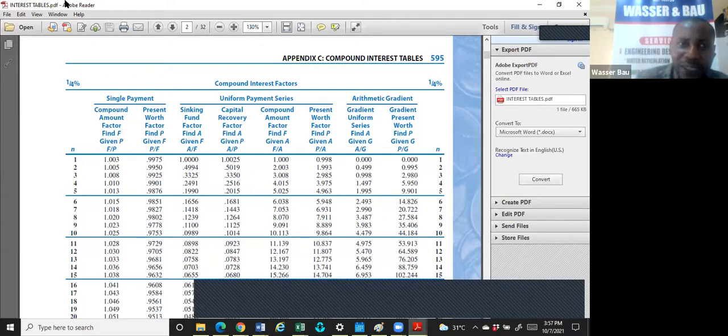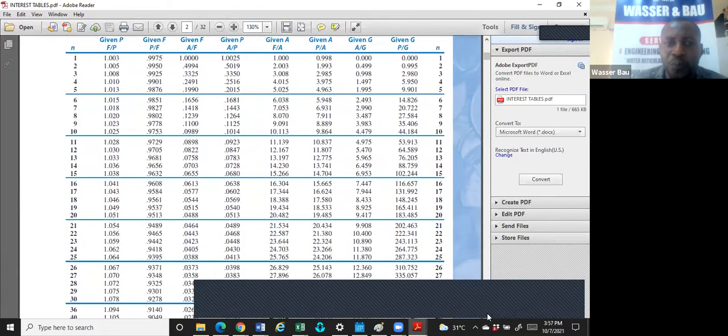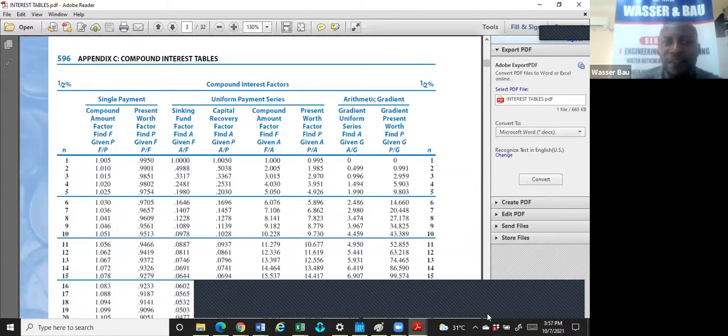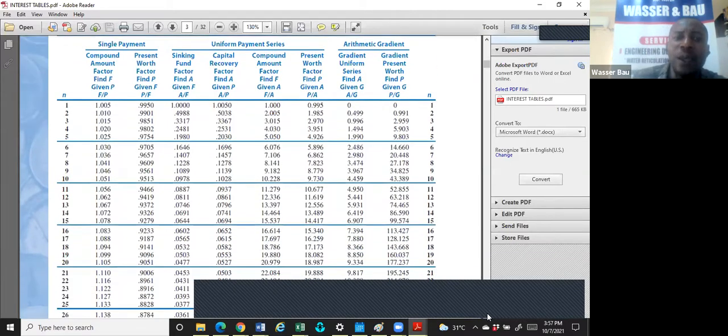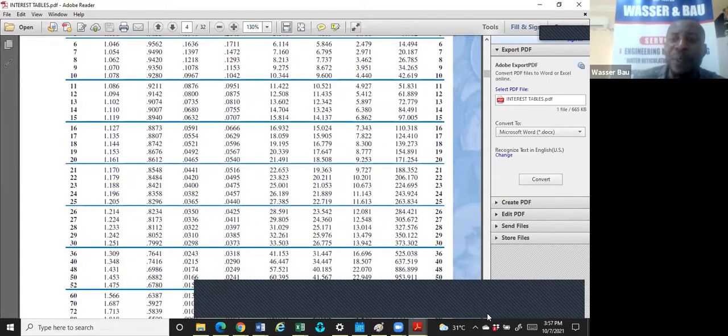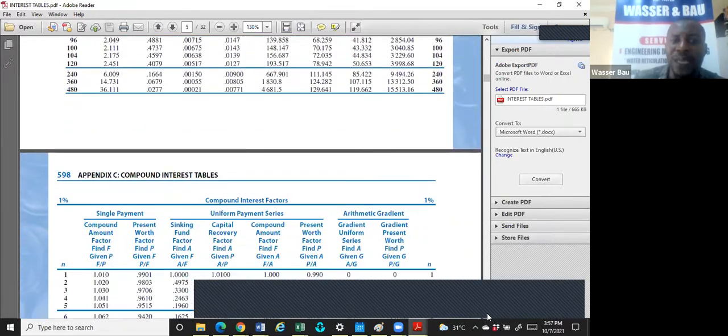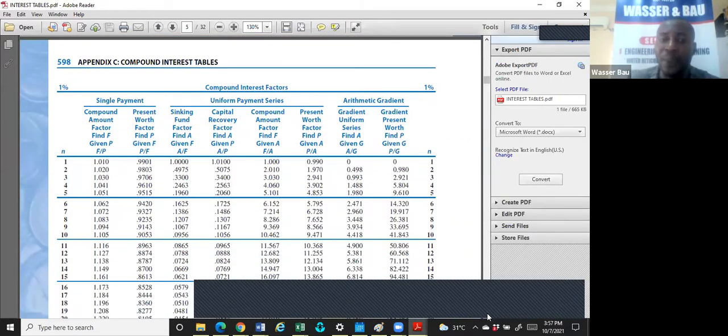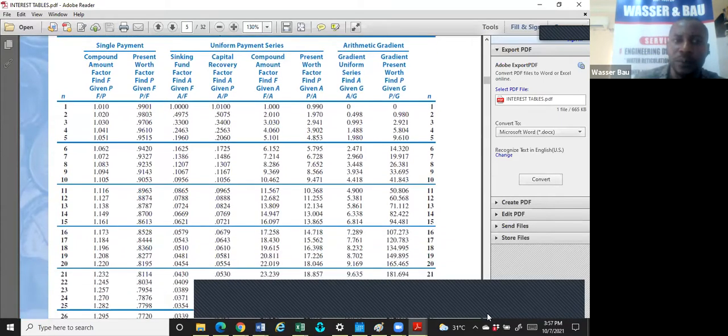This one says 1/4%, which is 0.25. The next one is 0.5%. All the interest tables are the same. What differentiates them is just the percent we are working on. This one is 1%.